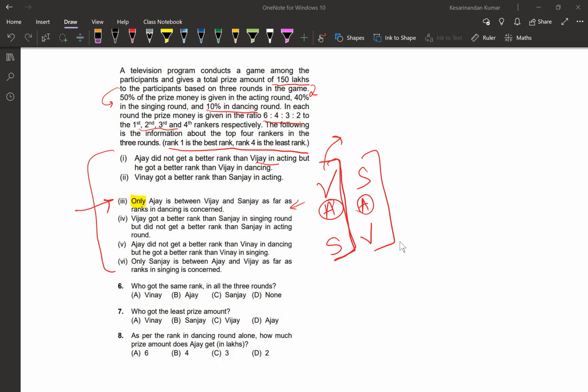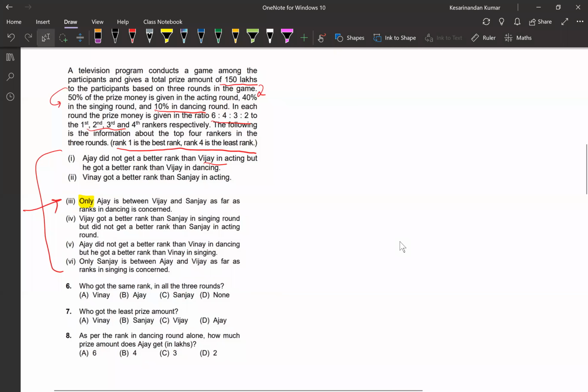Okay, let me pick it up then. It's taking too much time now. So a television program conducts a game among the participants and gives a prize money of 150 lakhs to the participants on the 3 rounds in the game. We have acting, we have singing and dancing.